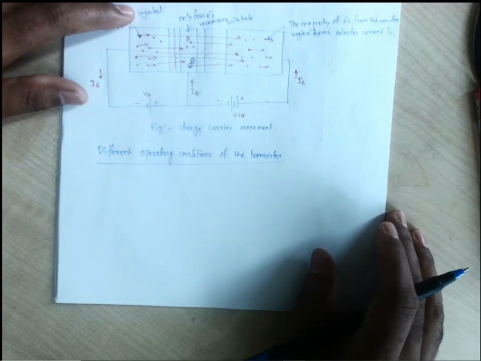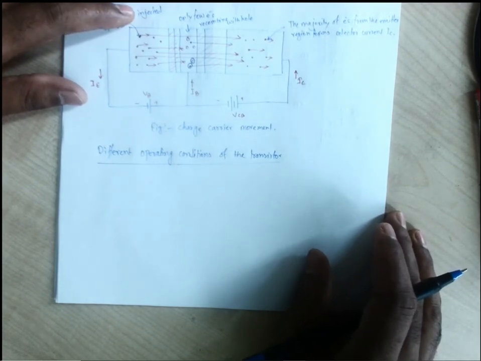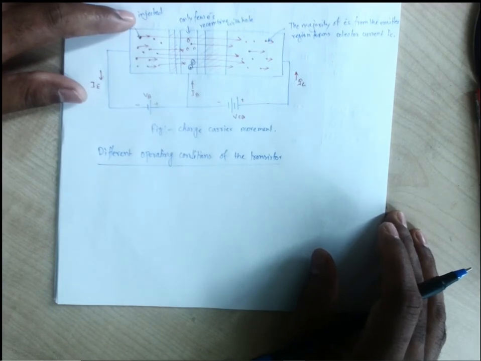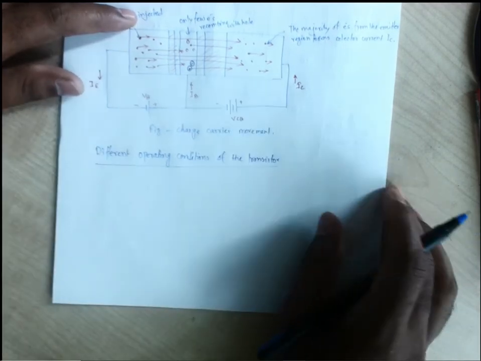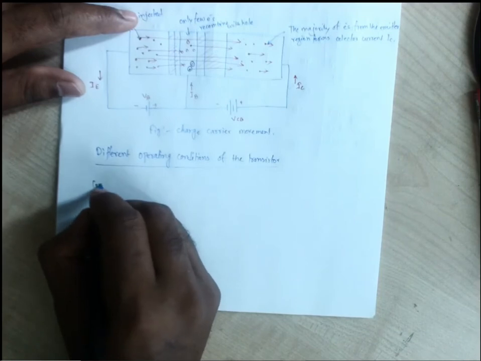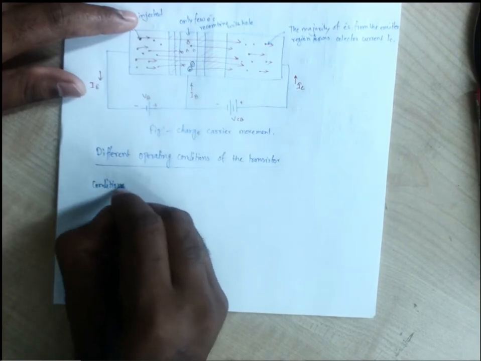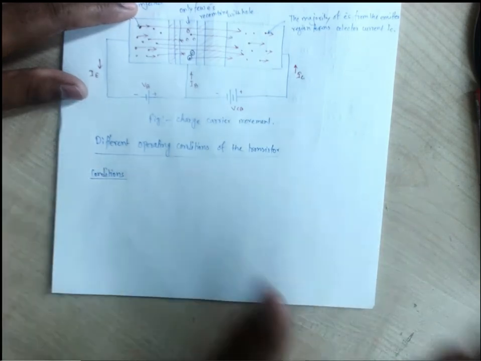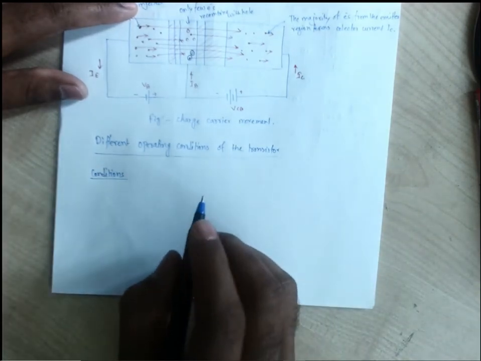These operating conditions or regions of operation are defined by the biasing conditions of the different junctions. So we'll categorize the different conditions which will be applied to the different regions or junctions.